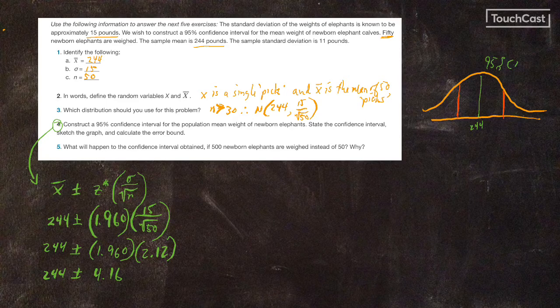So this is the range. And so what this is saying is that it ranges from 244 minus 4.16, which is 239.84, to 244 plus 4.16, which is 248.16.